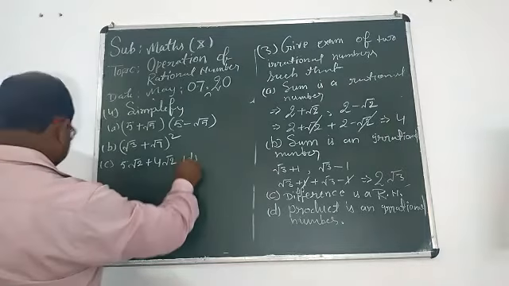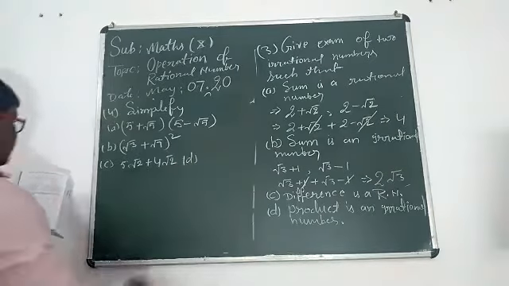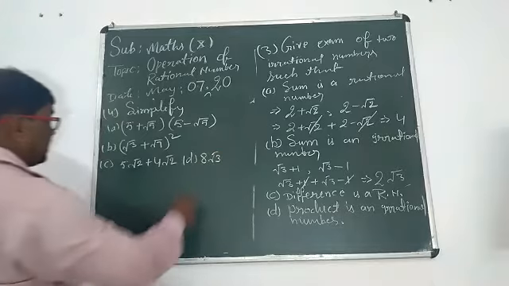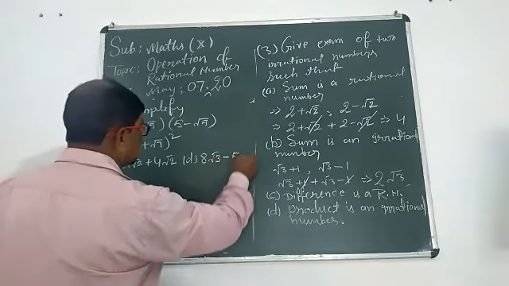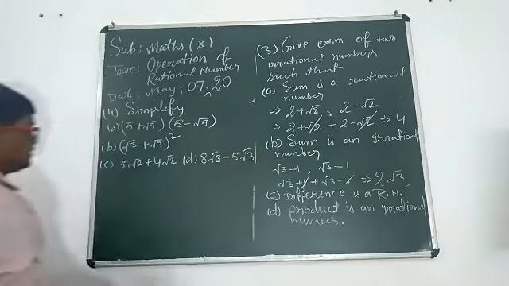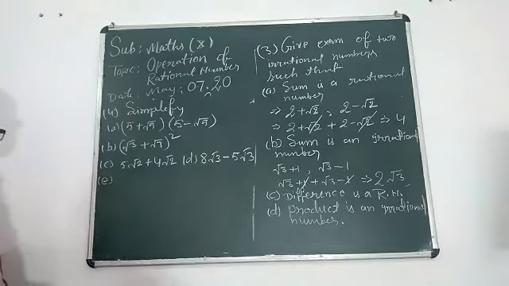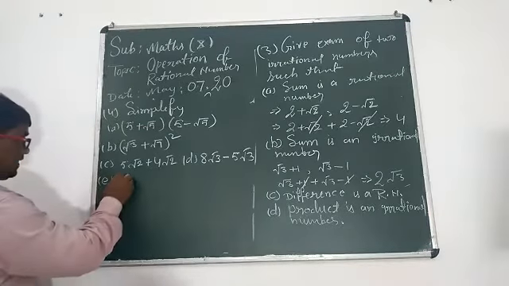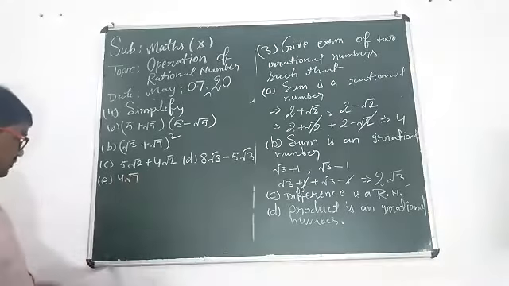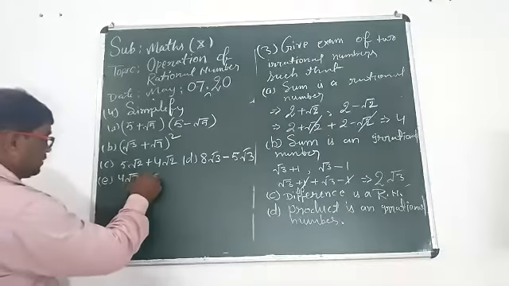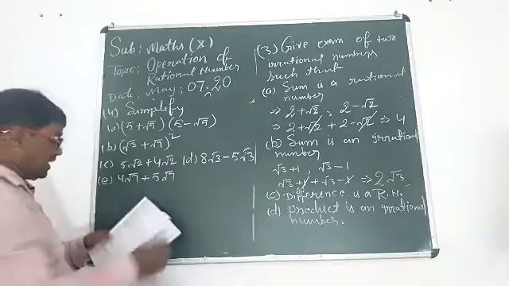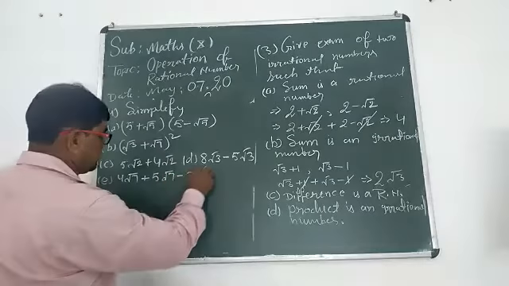D, 8 under root 3 minus 5 under root 3. E, 4 under root 7 plus 5 under root 7 minus 3 under root 7.